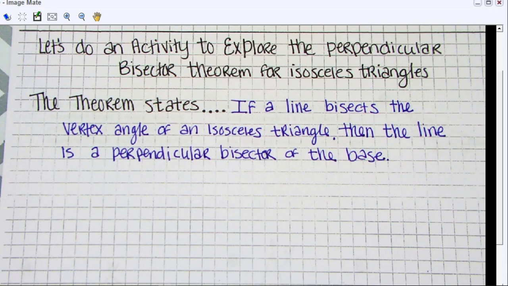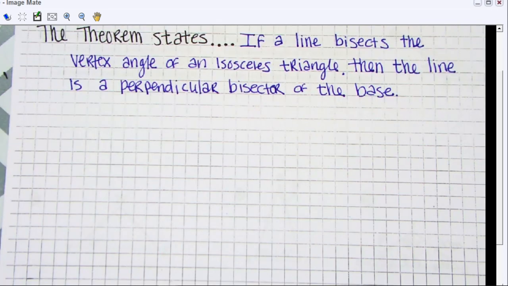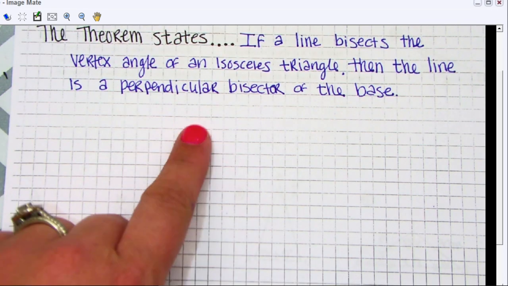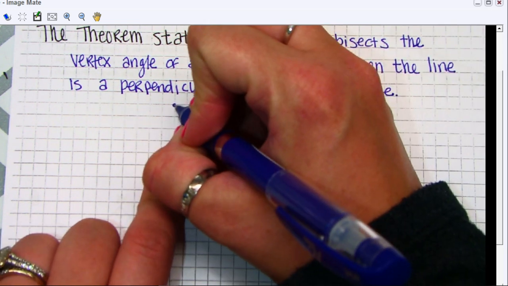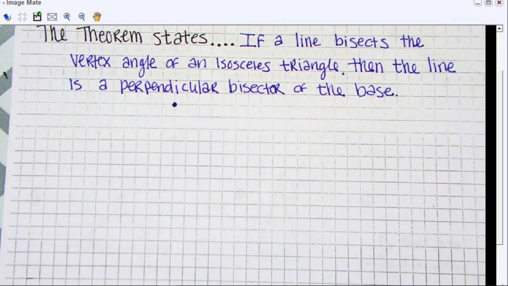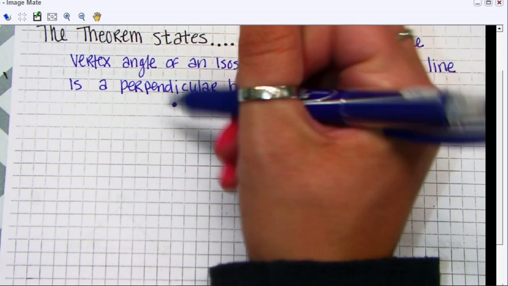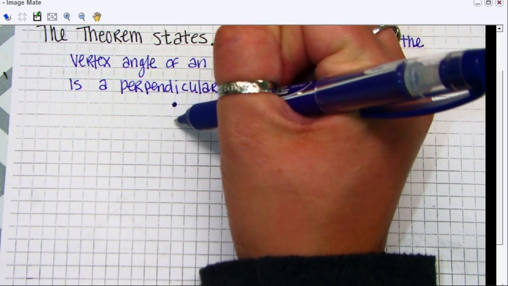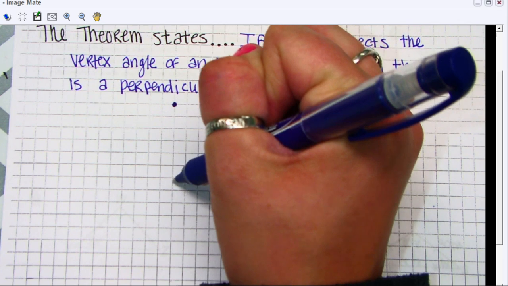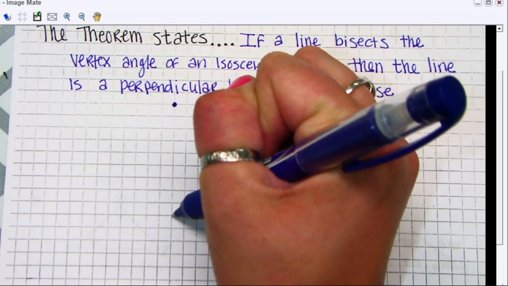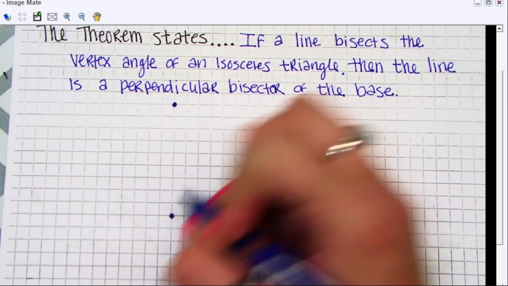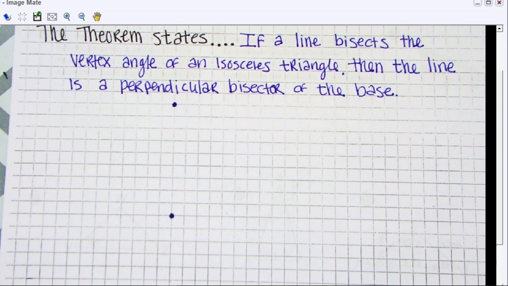So the way I want you to draw it is about here. I want you to put a dot. Give yourself some space because we're going to be drawing a pretty big triangle. Then I want you to count down, let's say 10 boxes. 1, 2, 3, 4, 5, 6, 7, 8, 9, 10. And I want you to put another dot. So we're making a segment that's 10 boxes long.